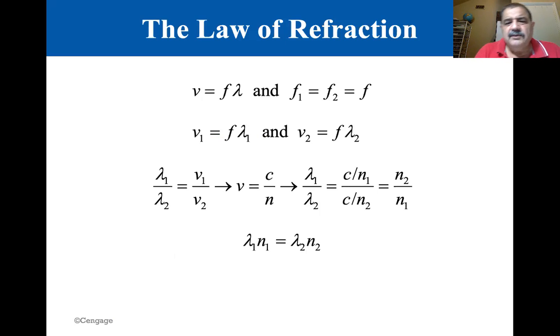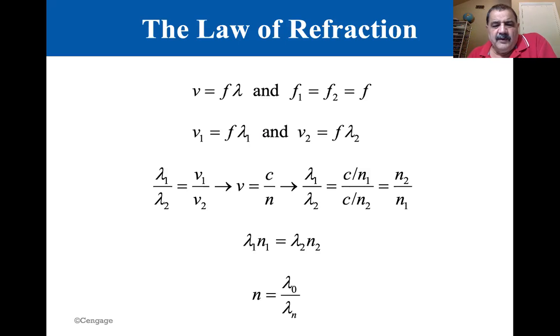Since v equals the speed of light over n, you substitute c over n1 for v1 and c over n2 for v2. Those cancel, and you end up with lambda 1 over lambda 2 equals n2 over n1. If you cross multiply, you get lambda 1 n1 equals lambda 2 n2.